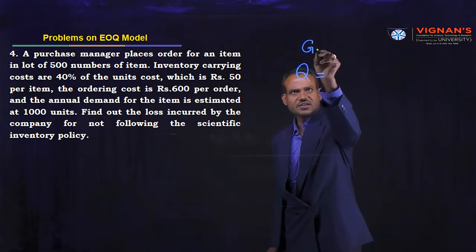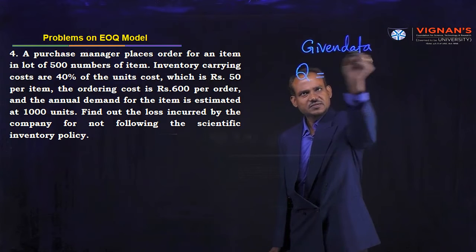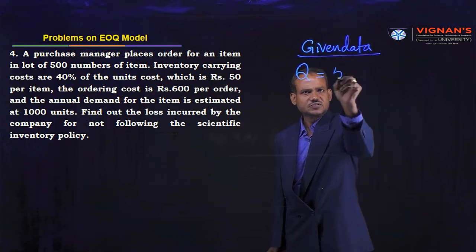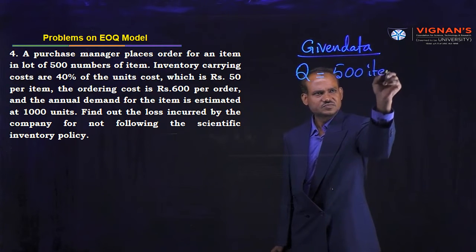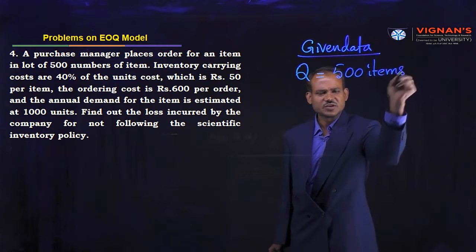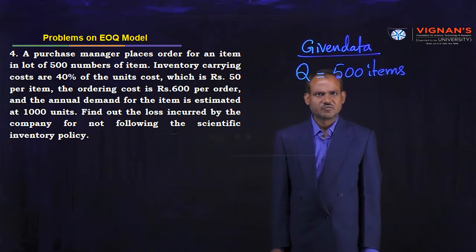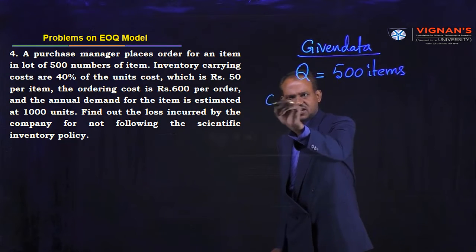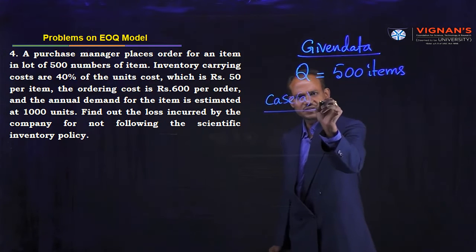This is given data. Put heading given data. Q is equal to 500 items. This is not economical ordering quantity. This is the first case, case A. What is the first case?